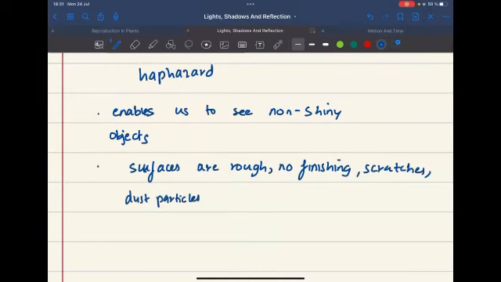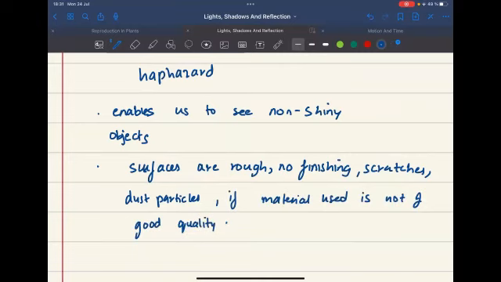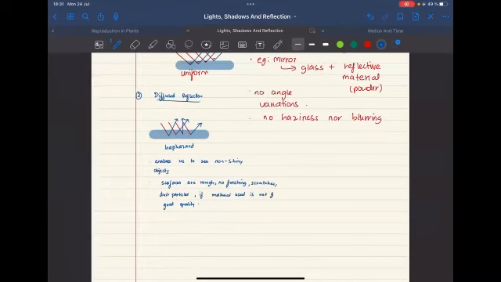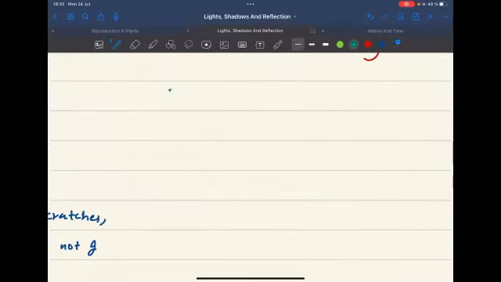All this can cause it. Also, if the material used is not of good quality. Is diffuse reflection clear? Anybody has a doubt? No, ma'am. Okay, so going to the third type, which is multiple reflection.